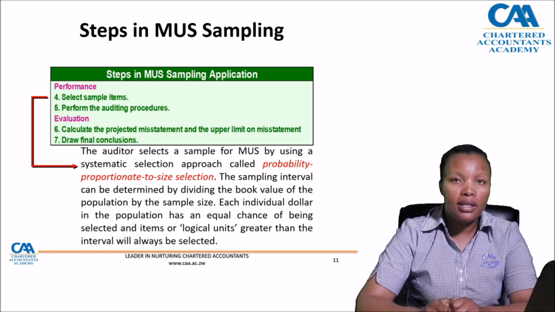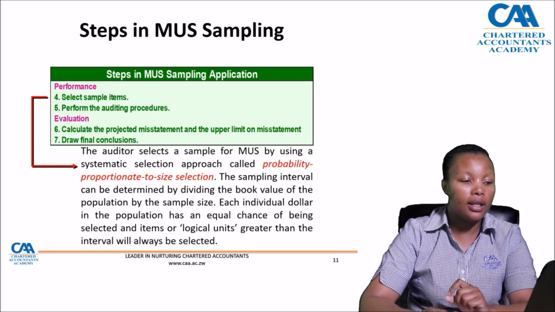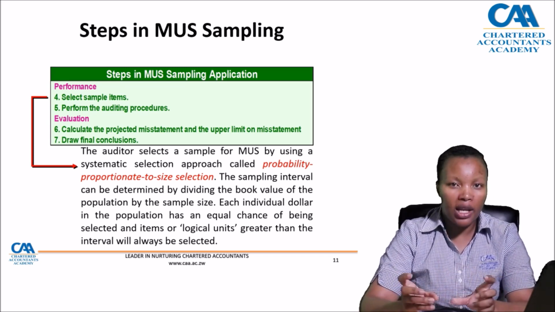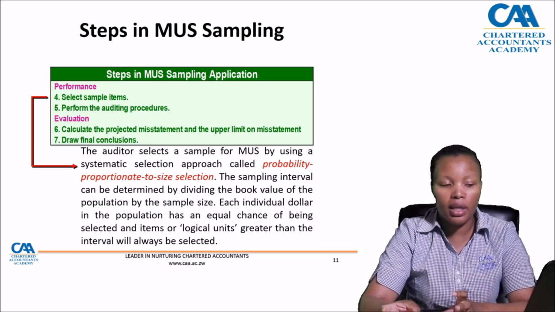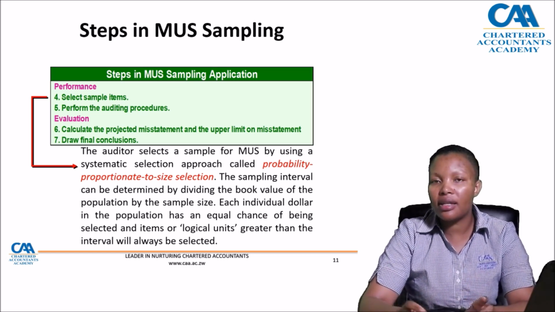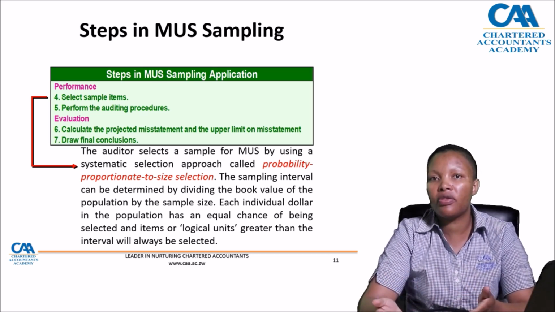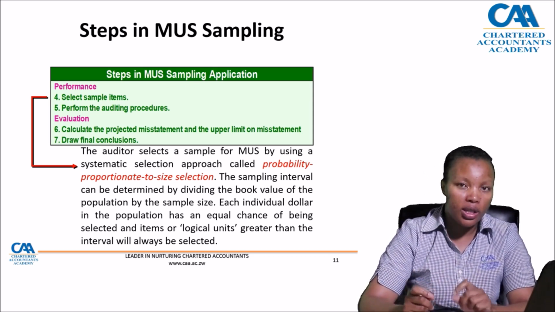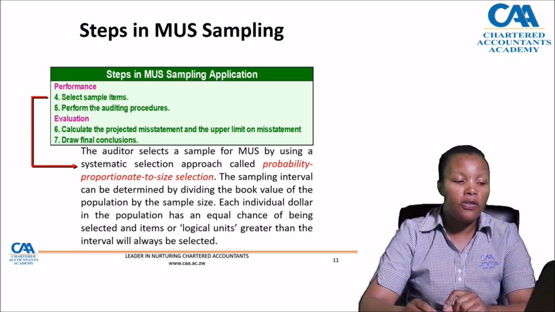The sampling interval can be determined by dividing the book value, which could be 2.5 million, by the sample size.